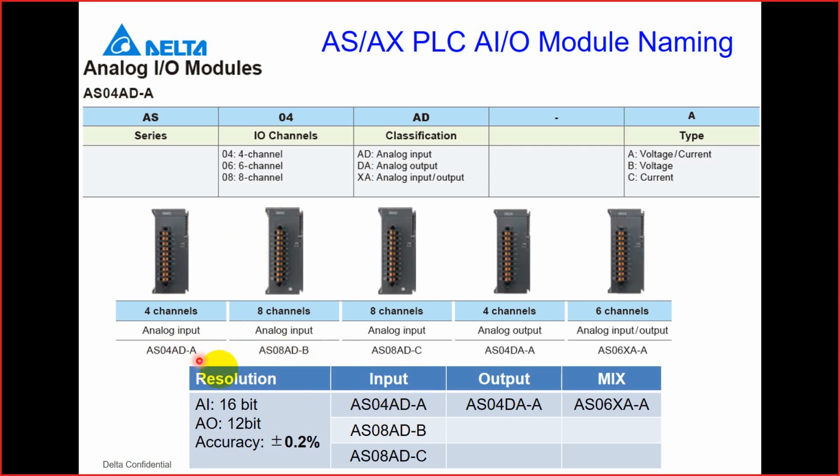Like if you see the model name with A, that means this module will support both voltage and the current. But if you see B or C, that means this module support only voltage or current. So you can see like this. A means voltage or current, we can switch the mode. But if you want only voltage input or current input, you can select the module with dash B or dash C. So this is the different.